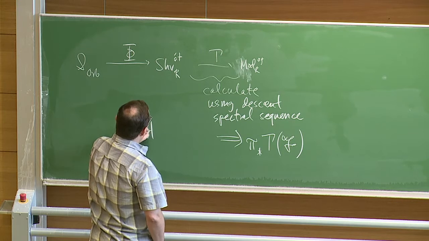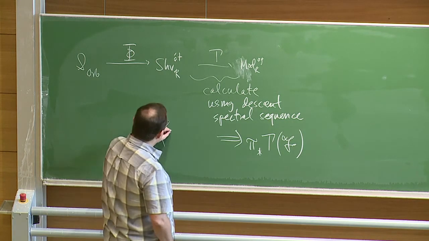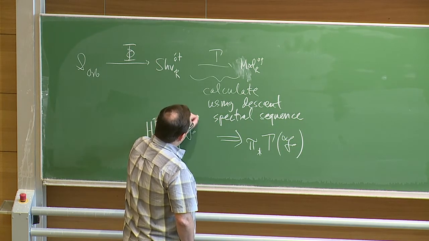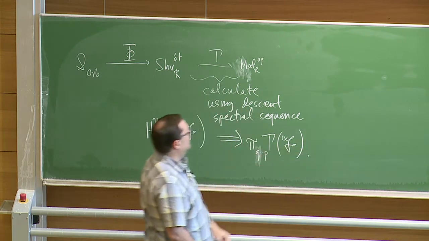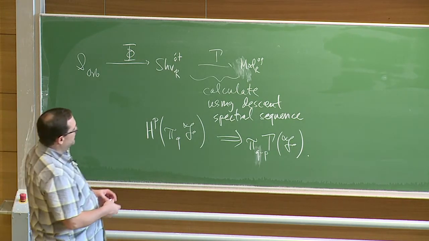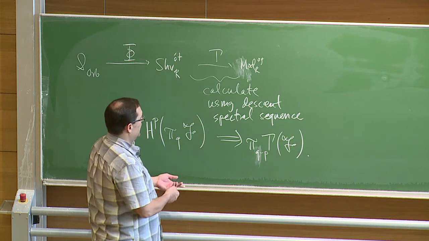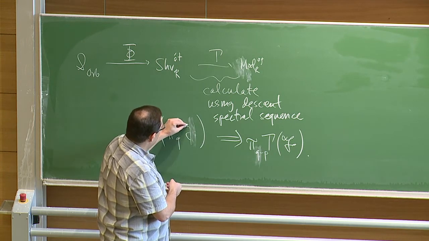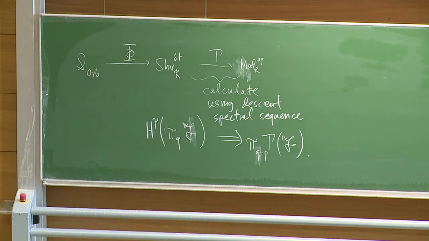You use the descent spectral sequence, which goes from the pth cohomology with coefficients in, say, the qth homotopy sheaf of F, converging to pi q minus p of the global sections. So that we can have reasonable control over, provided we can calculate these invariants of a sheaf F.